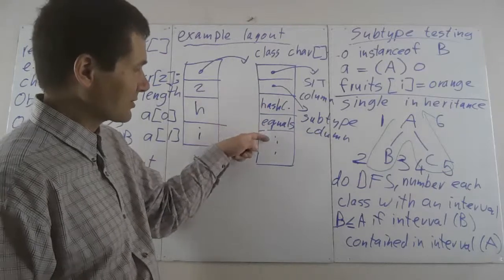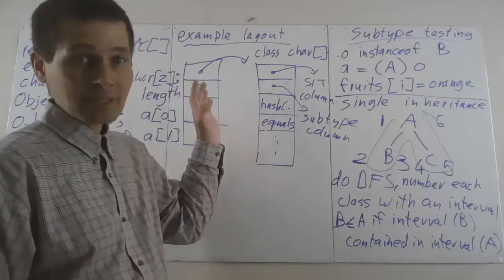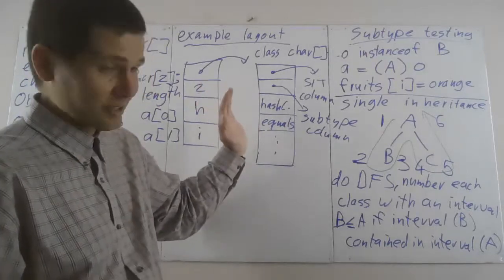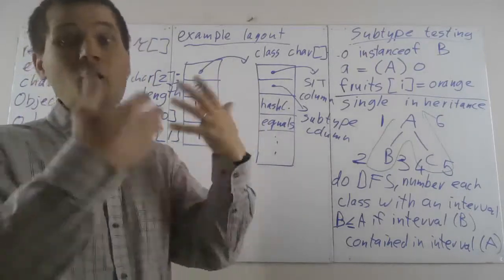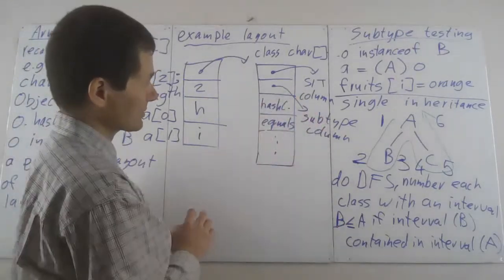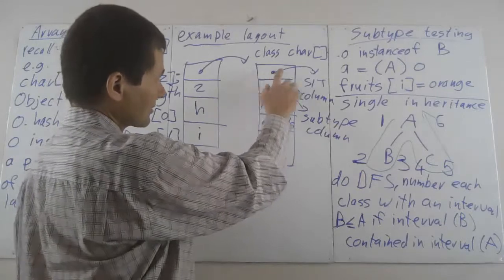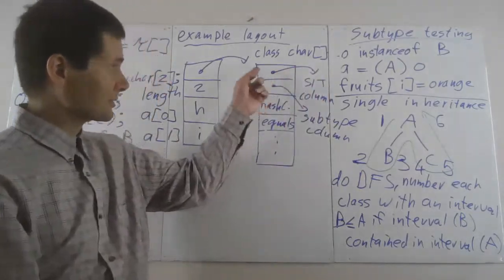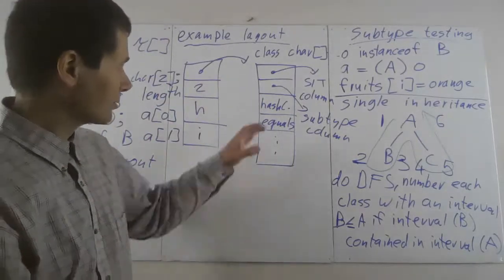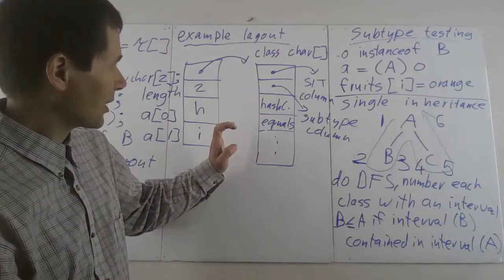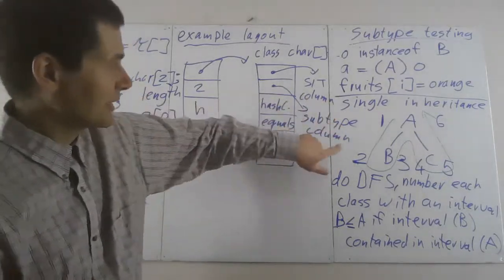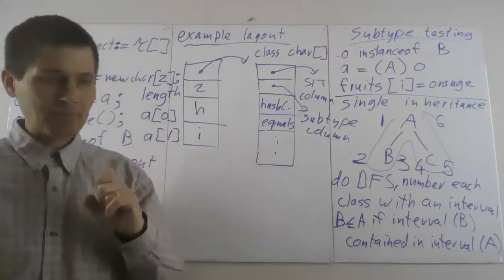The implementations of all these methods are going to be the implementations that are inherited from object. So an array cannot override any methods. So this part is going to be the same. The selector index table is also going to be the same, because any interface methods are also the ones that come from object. The one place where you need to be careful is the subtype testing information.